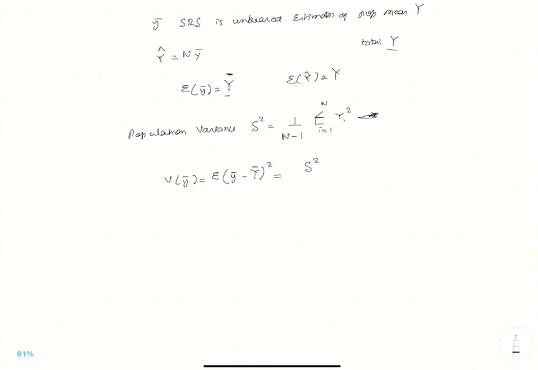So this is the population variance divided by n, minus n upon N, which is also S square upon n times (1 minus f). So this is how you get the variance of y bar.